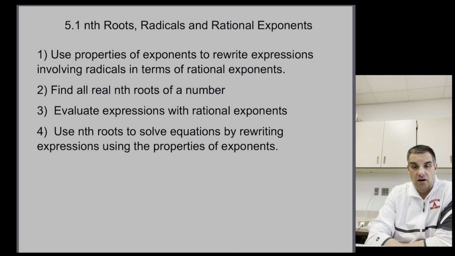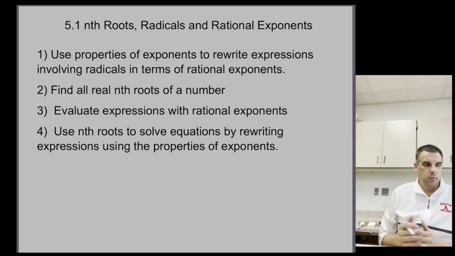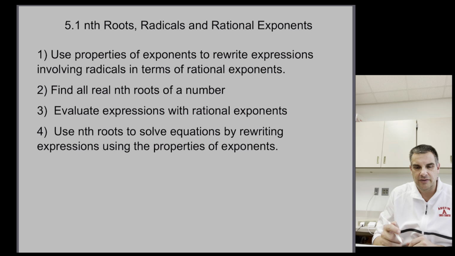We're going to find all real nth roots of a number. We're going to evaluate expressions with rational exponents, and then we're going to use those to solve equations by rewriting those equations and working with those different properties. So what does all of this mean, really?